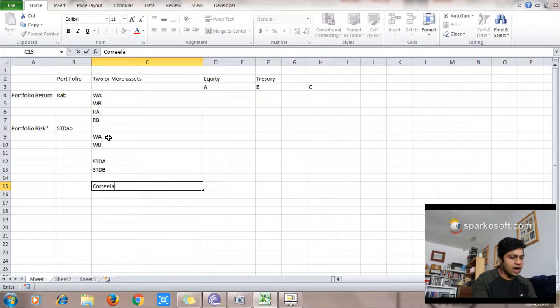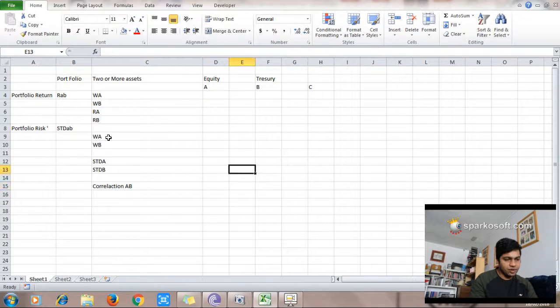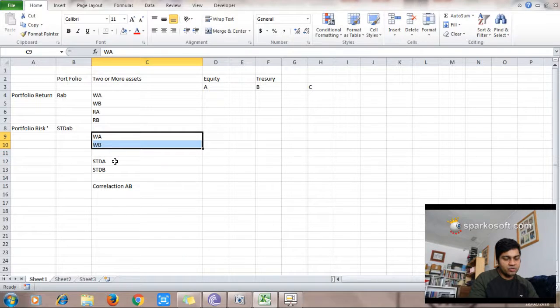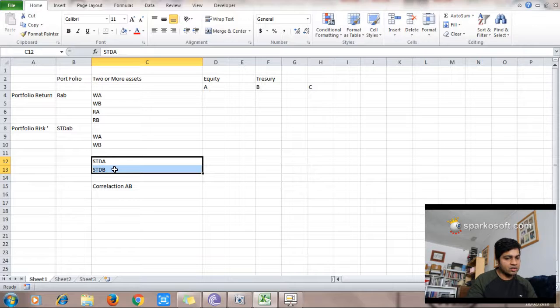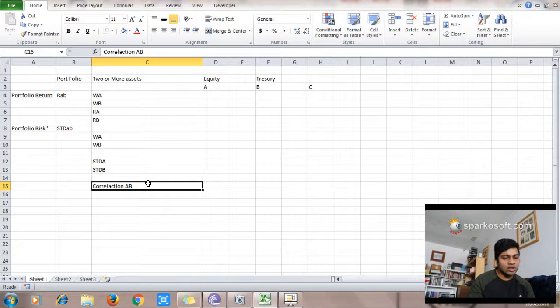Correlation is how these assets move together. Do they move in the same direction or in counter directions? So, correlation between A and B.